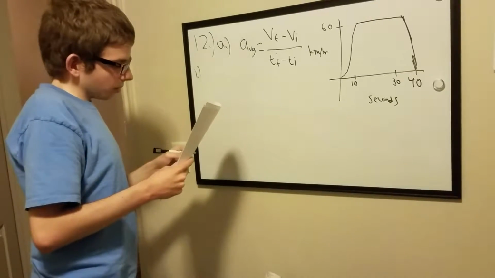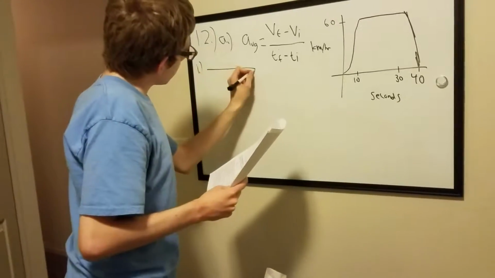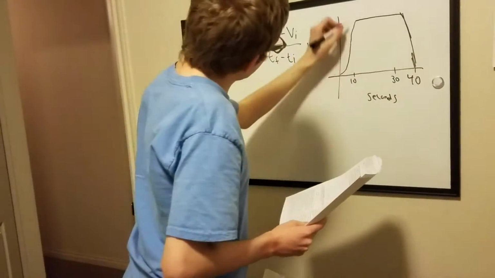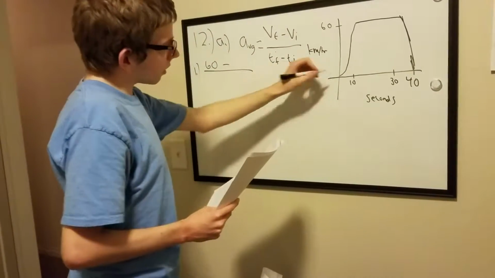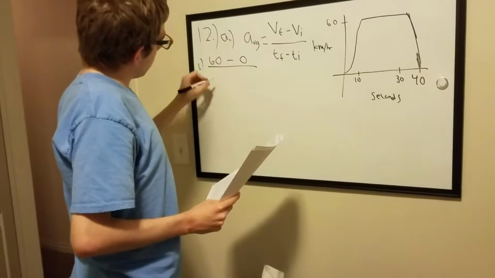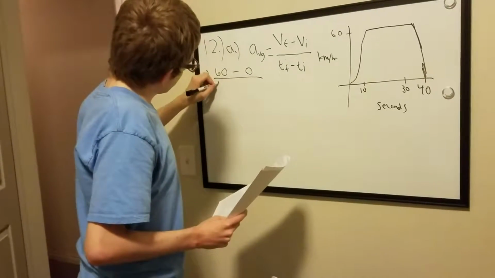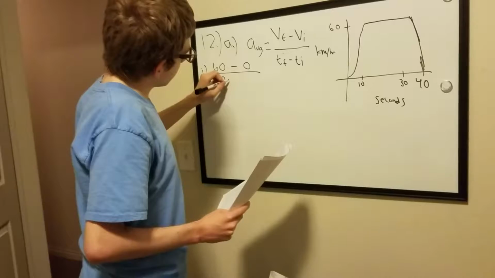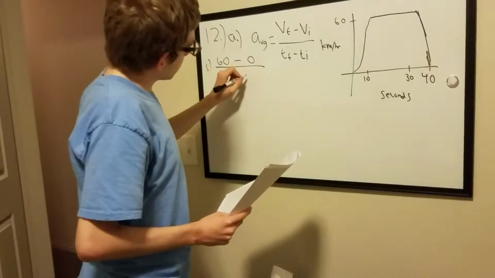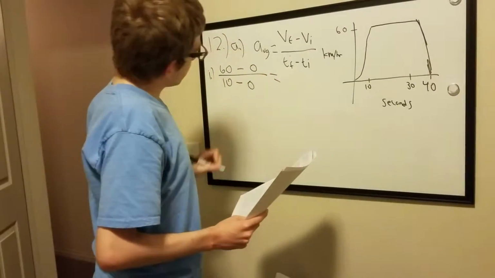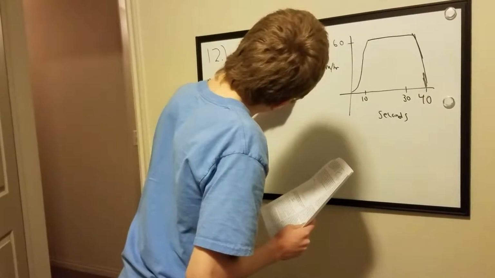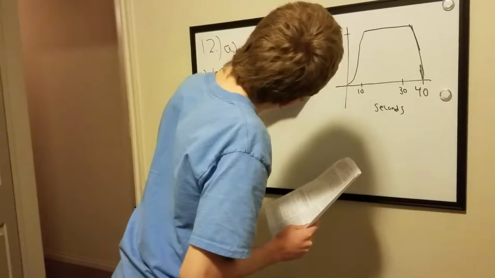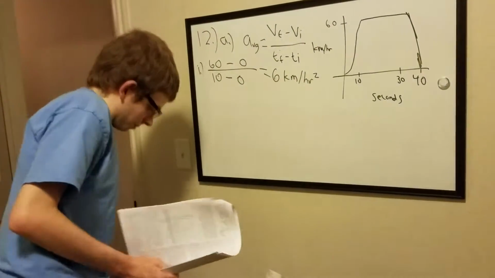So 0 to 10 seconds, our final velocity is 60, minus our initial velocity, which is 0, all over our final time, which is 10, minus the initial time, which is 0. So then the average acceleration comes out to be 6 kilometers per hour squared. Okay?